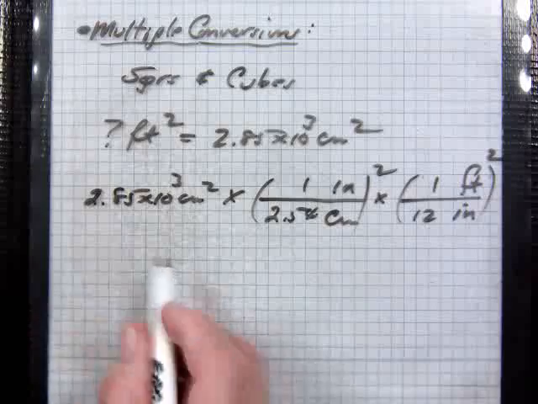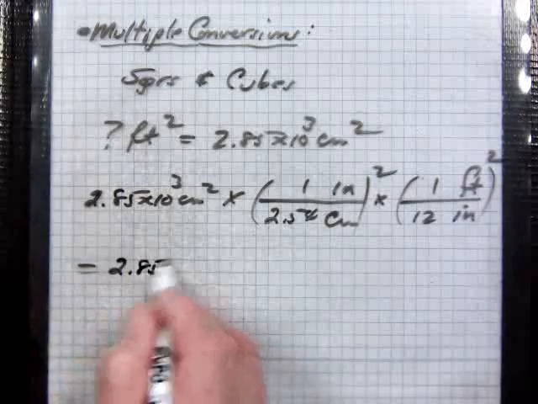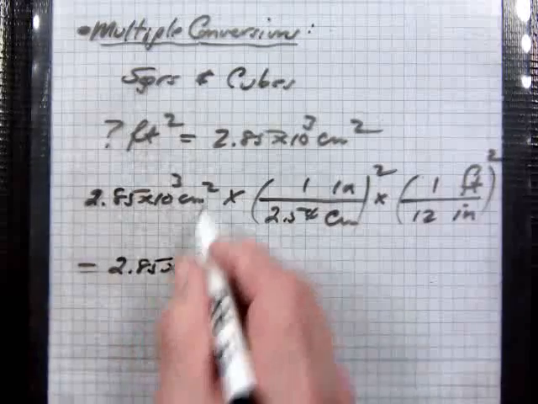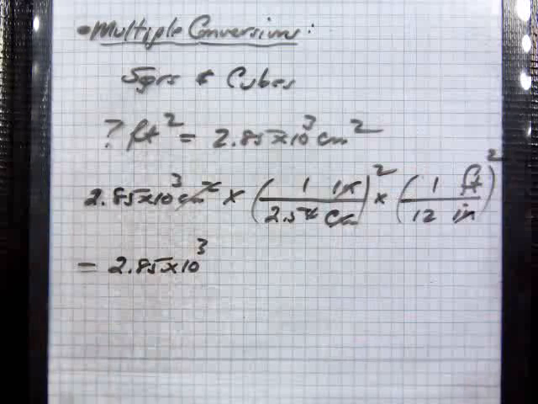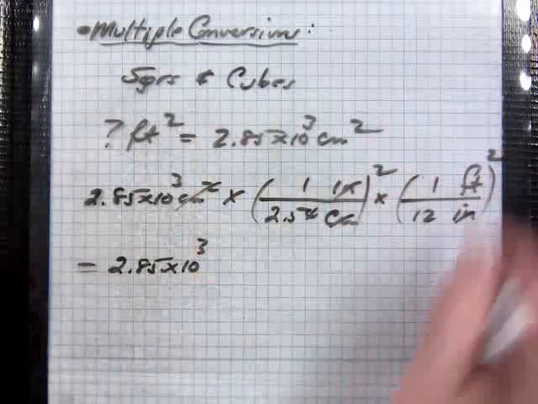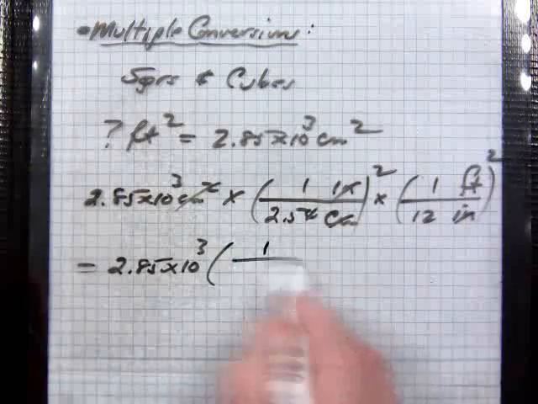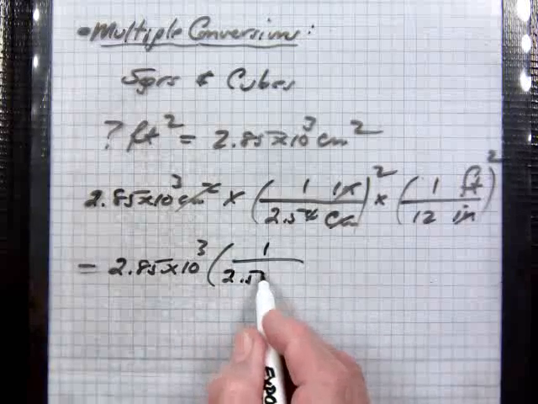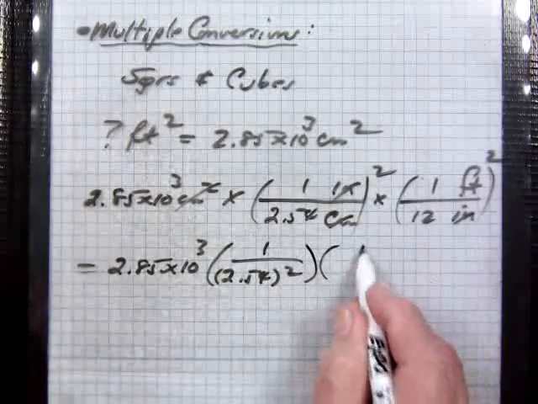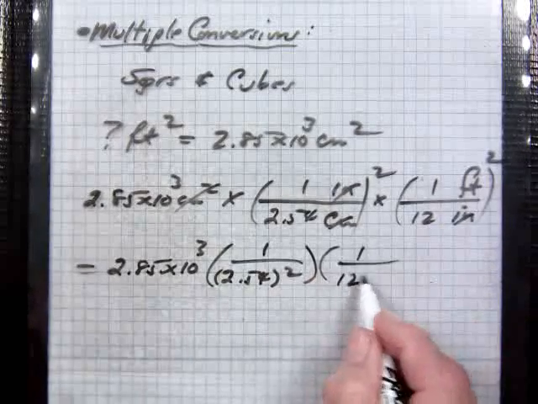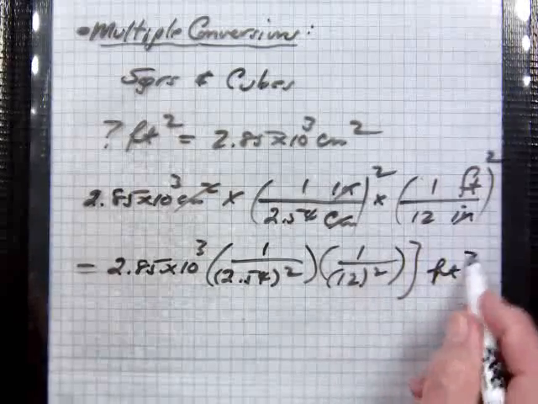I string this out for academic reasons. Centimeters will drop out, inches will drop out, and you're left with square feet. So throw out the units and just keep the numbers. This is 1 over 2.54 squared, 1 times 1 is 1, and that's 1 over 12 squared, and then everything comes out in square feet.